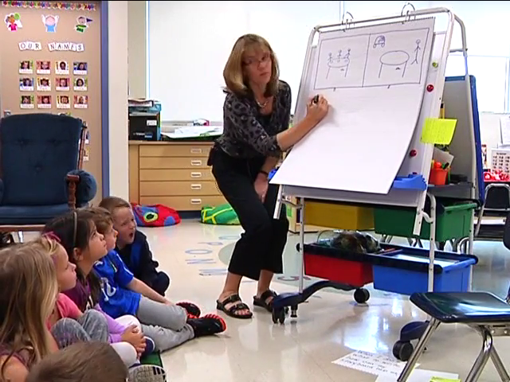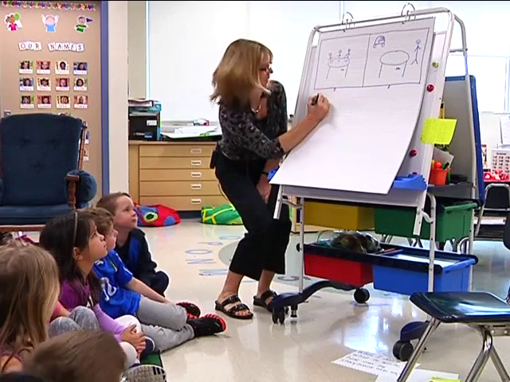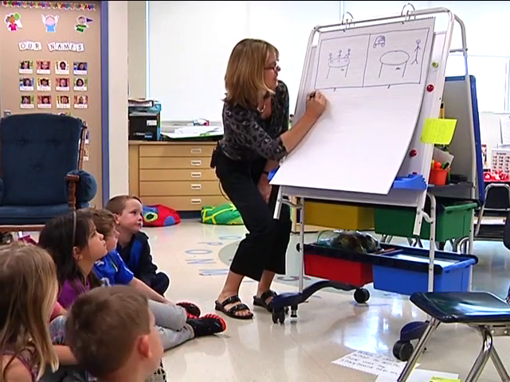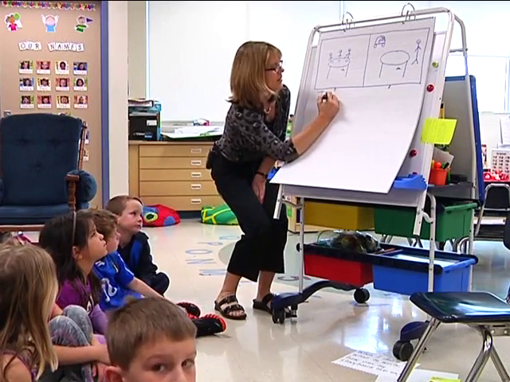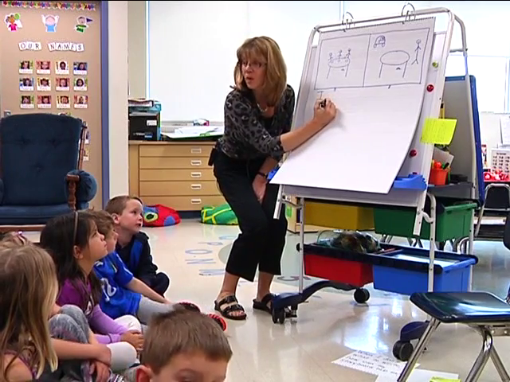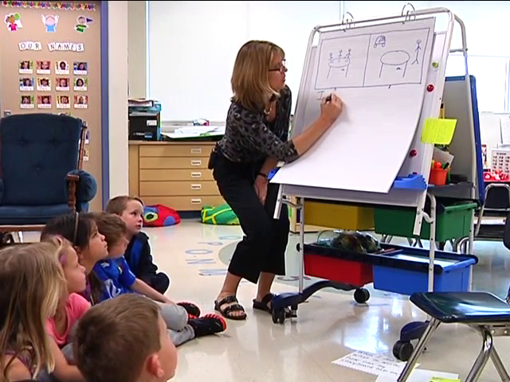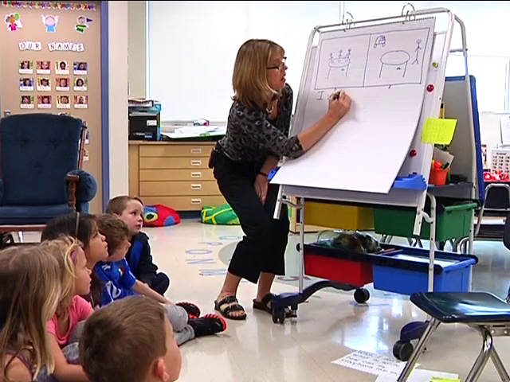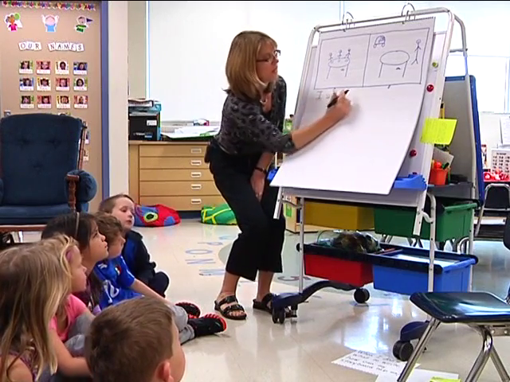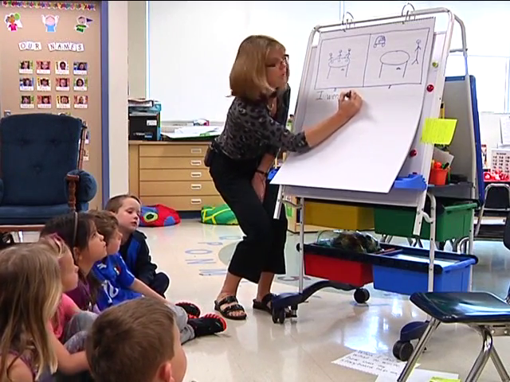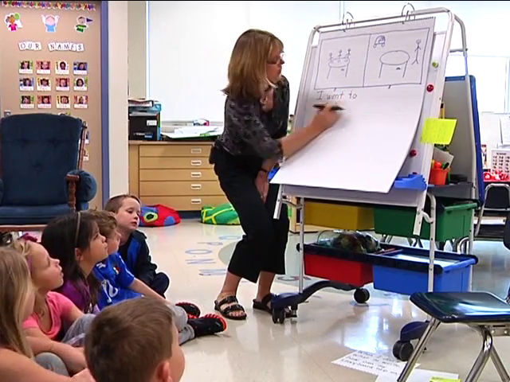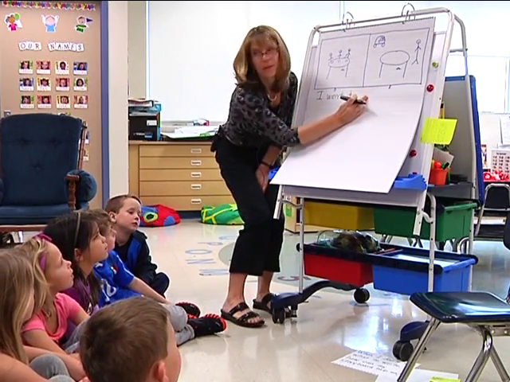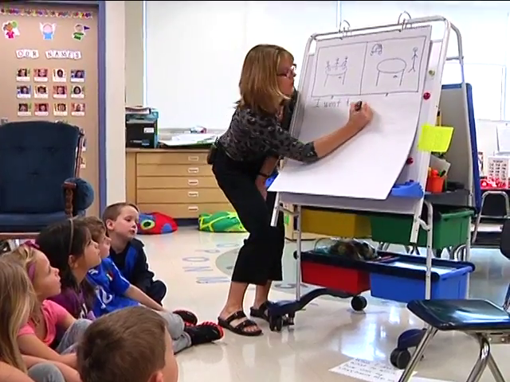Let's see. Everyone knows how to spell I, right? Yeah. I went. Is that another word that you know? You can help me. W-E. I went, you know this word too, to. T-O. Wow. I went to Panda.